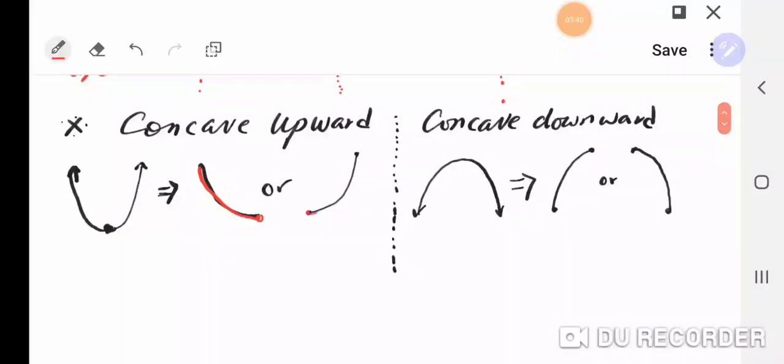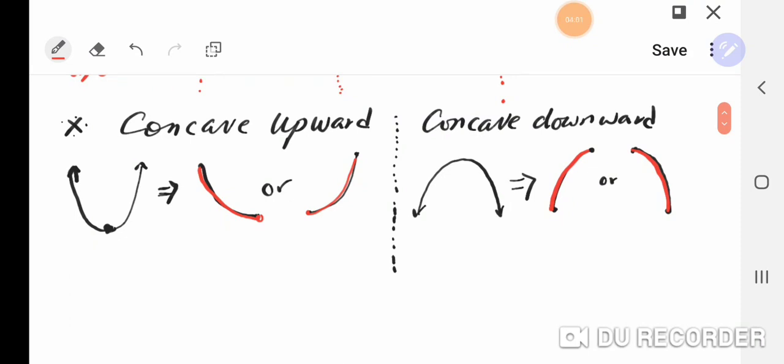And if it looks like this, then these pieces are concave upward. And for the concave downward, from the vertex, it looks like this, and it looks like this. So if a curve segment looks like this, then it's either concave upward or concave downward.